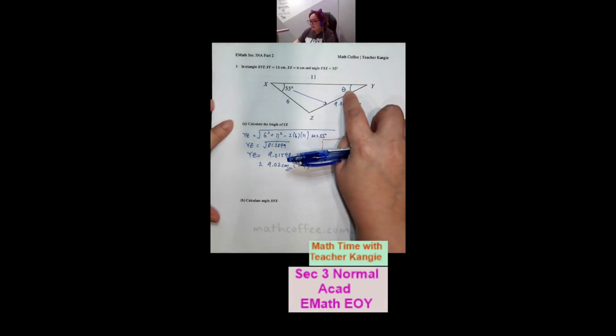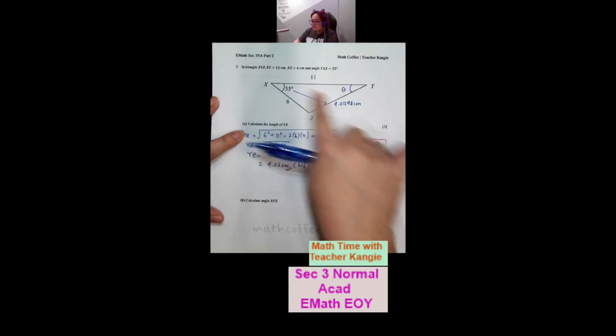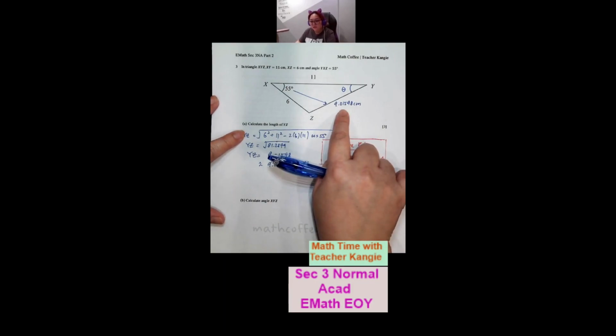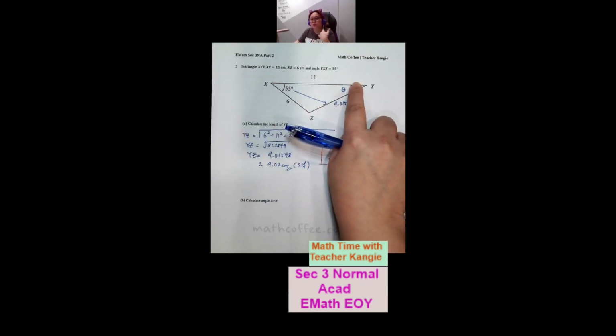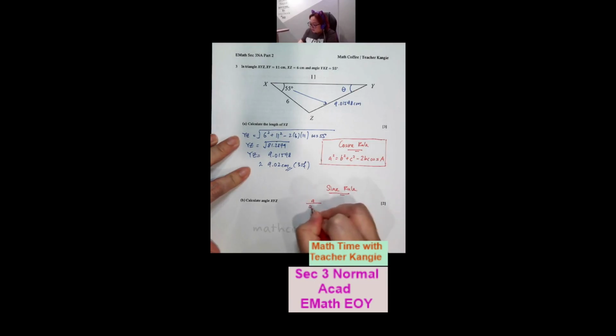Because for this angle theta I want to find, I have the opposite side, and I have a pair of 55 degree and this length. So I'm going to use sine rule because it is easier than cosine rule. I'm going to write out the sine rule in case some students want to see the formula. So sine rule is a over sine A equals to b over sine B equals to c over sine C. So this is the sine rule.